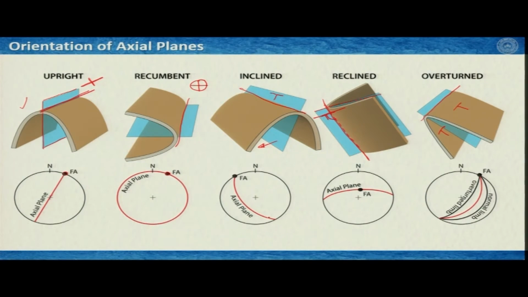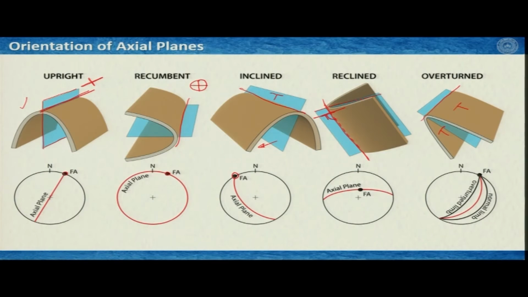So it should be an inclined plane, that is why the plot is curved, not a straight line, and this is the fold axis. The reclined fold, as we talked about, has an axial plane that is also inclined. So we see the great circle here as a curved circle, and the fold axis should be somewhere in the middle of this axial plane.